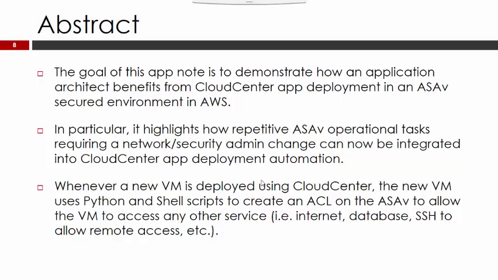Whenever a new VM is deployed using CloudCenter, the new VM uses Python and shell scripts to create an ACL on the virtual ASA to allow the VM to access any other services, internet, database, SSH to allow remote access, whatever the case is.